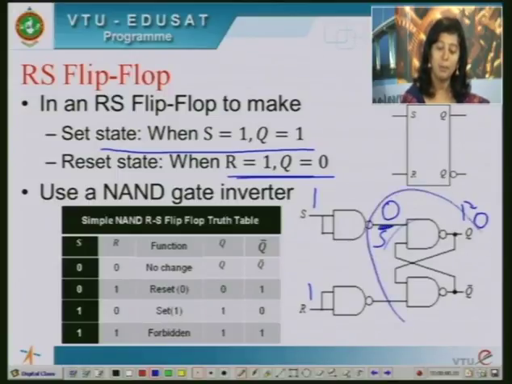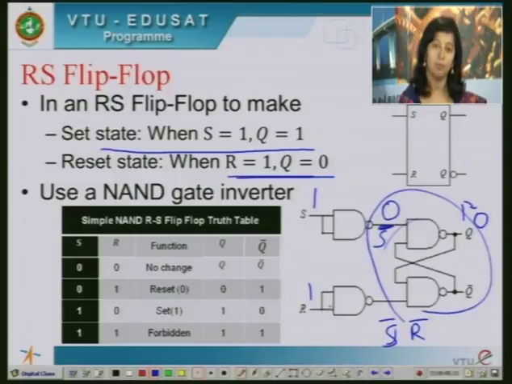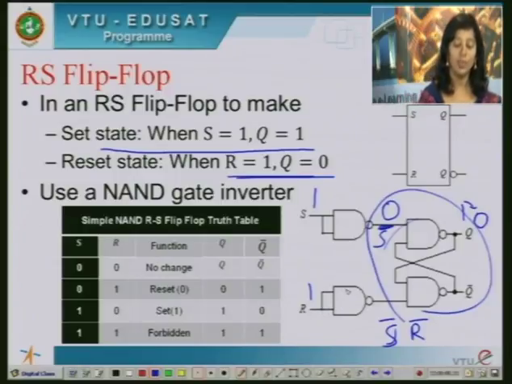This part works similar to the S bar R bar latch what we have studied before. Only thing is I am complementing the inputs beforehand. So, the truth table here changes slightly. The 0 0 state for S and R is the no change state. The working is exactly similar, only I am giving inverted inputs initially.